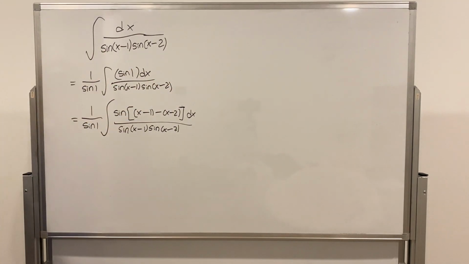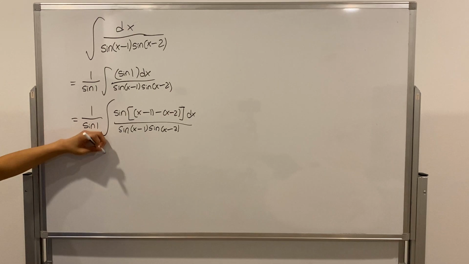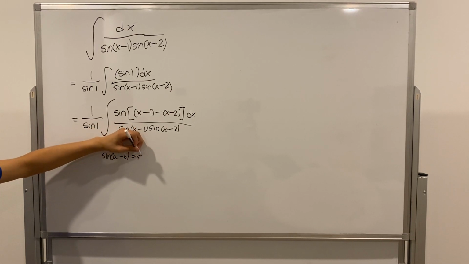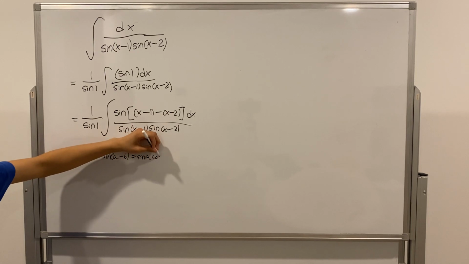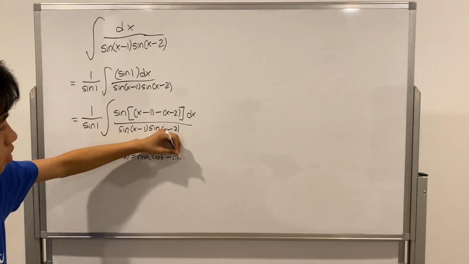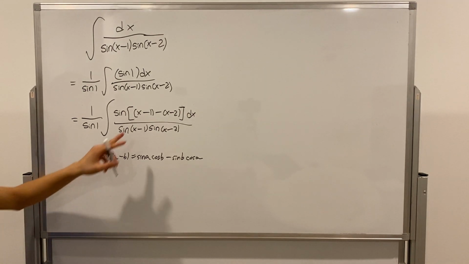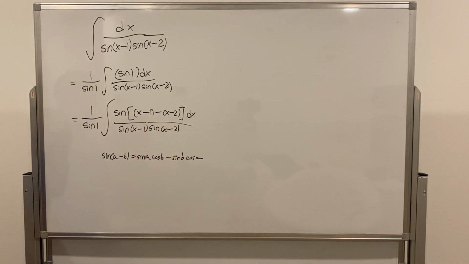Now you may remember a certain trig identity from pre-calculus where sine of a minus b equals sine a cosine b minus sine b cosine a. So we can map this onto this trig identity where we set a as x minus 1 and b as x minus 2.